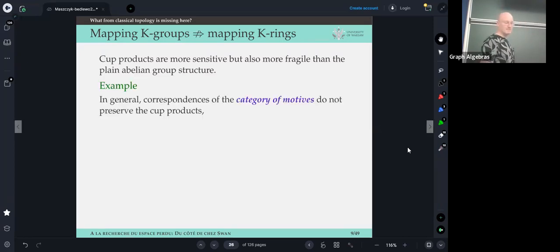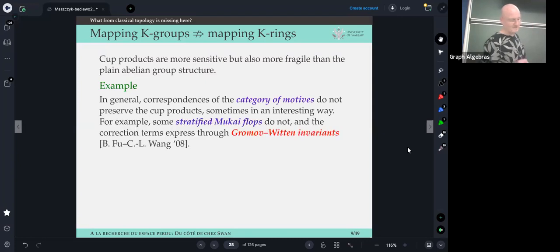For instance, in the category of motives, if we have morphisms coming from correspondences, then these correspondences typically do not preserve the product. They destroy products. However, sometimes they destroy it in a quite interesting way.